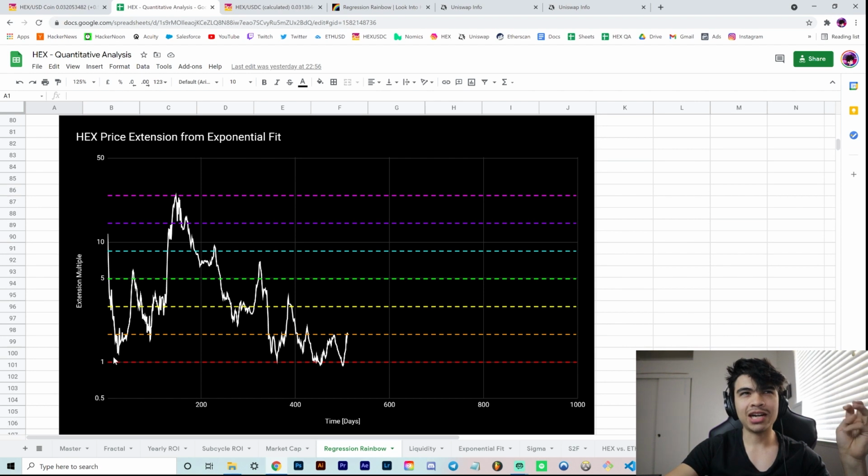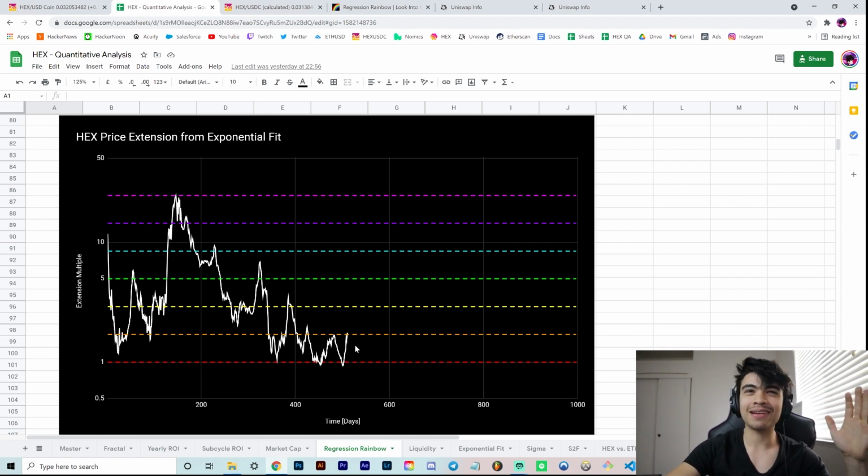So again, we talked about this fractal so many times where we had accumulation more or less between orange and yellow back here, a spike to one curve above, and then consolidation on the yellow curve before popping off. We've talked about how we could be in a fractal here where we have accumulation between red and orange, one zone lower, a local peak up to the yellow curve, one curve lower than this green one, and then consolidation around the orange.